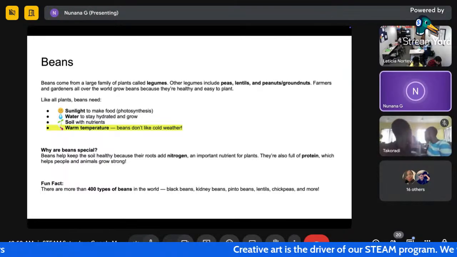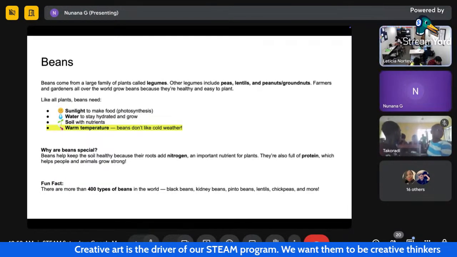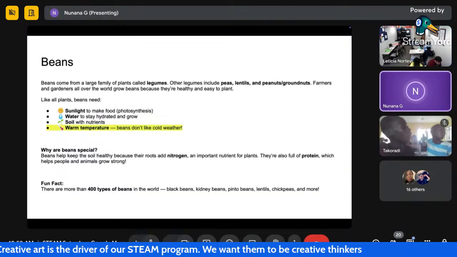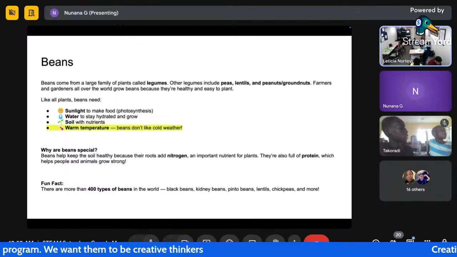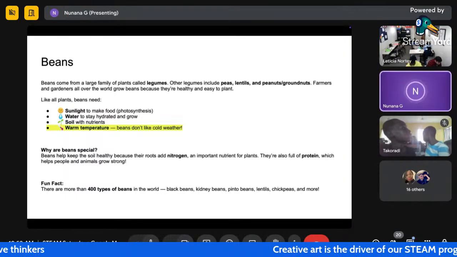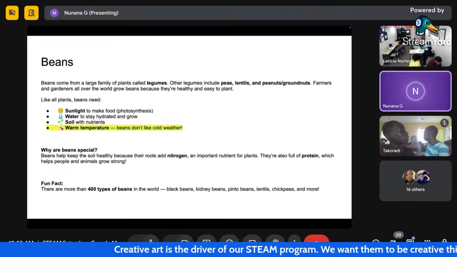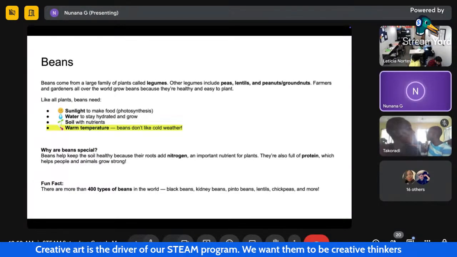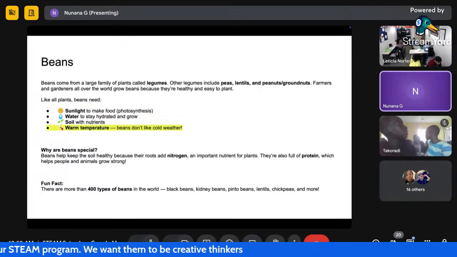Legumes are peas, lentils, peanuts or groundnuts, and many more. What do all plants need to grow, especially beans? They need sunlight to make food through photosynthesis. So they take energy from the sun, turn it into sugar, and then with water, with the proper soil, with the proper temperature, they start to grow.